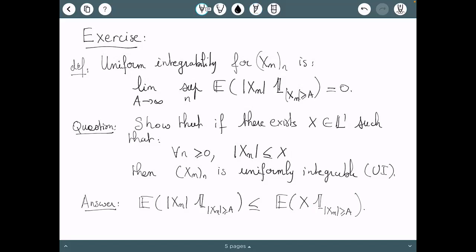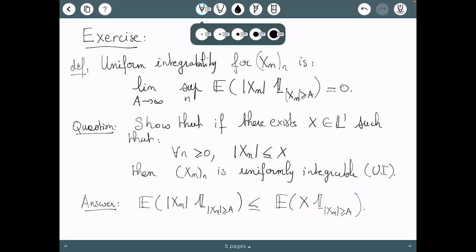Okay, yes, you're right. And why is it true? Because x is greater than xn, so the indicator function will cover just more, I believe. Yes, more. Okay, it is correct.